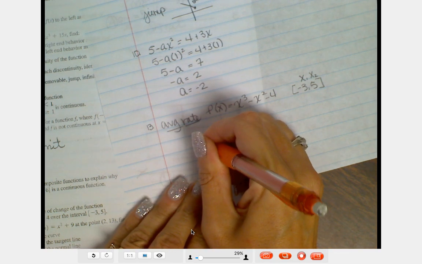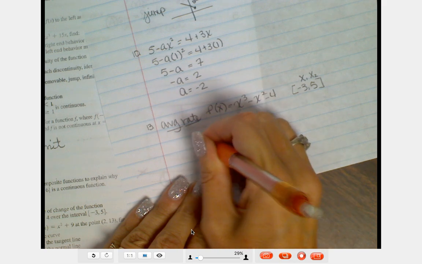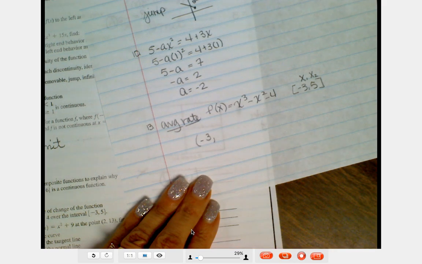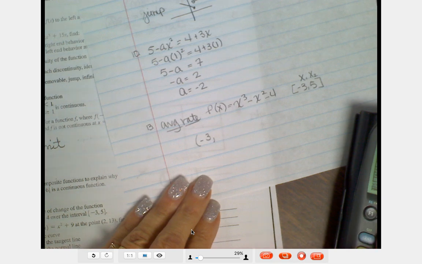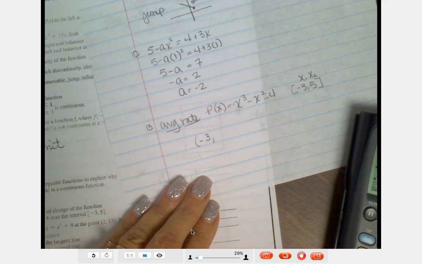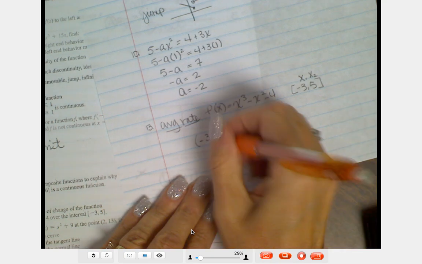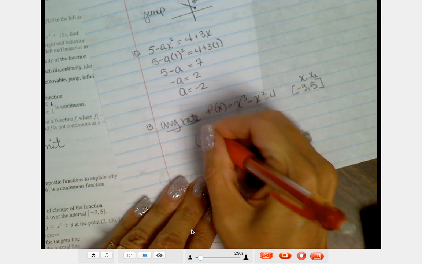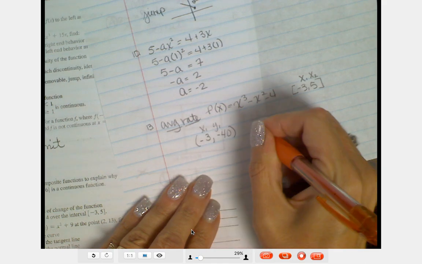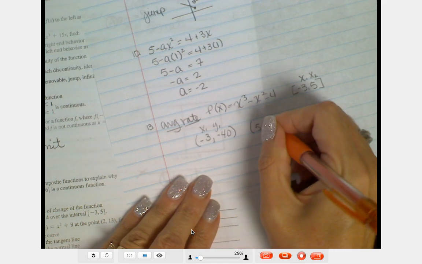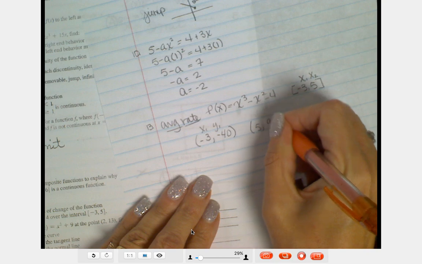When you plug in negative 3, take your calculator and store negative 3 and type in x to the third minus x squared minus 4, and you get negative 40. So that's your x1, y1. At 5, I believe you get 96.